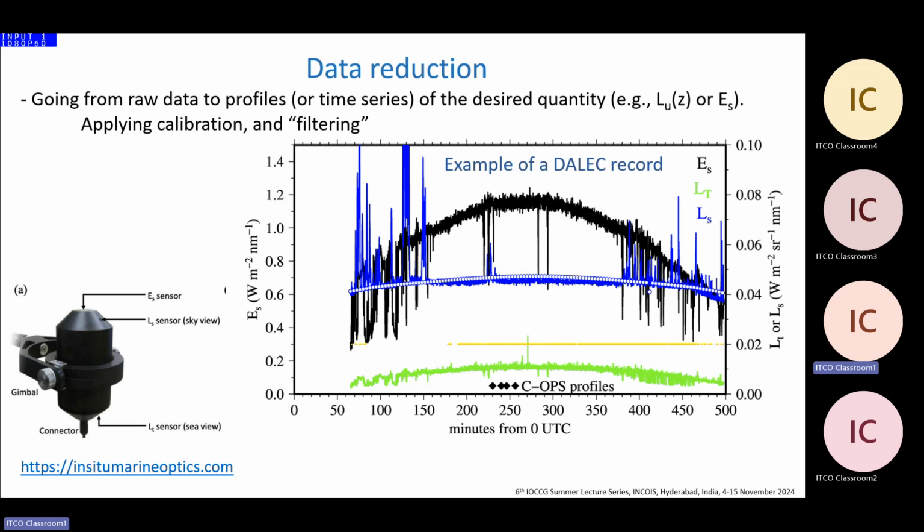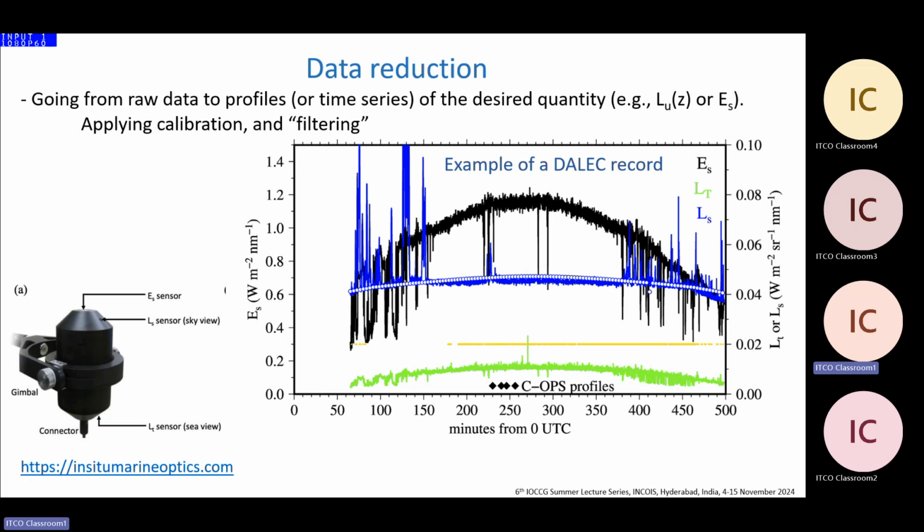That's what is illustrated on this plot. The black curve is the downward irradiance, so you clearly see the daily cycle with the sun coming up in the sky. The green curve is for the LT, so that's the measurement you get from the sea. And LS is the measurement of the sky radiance.